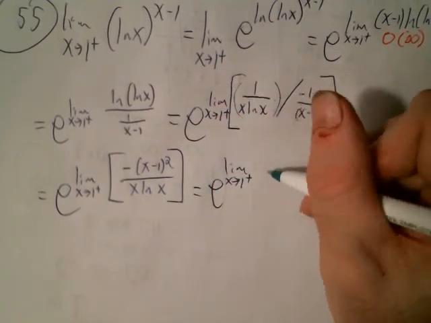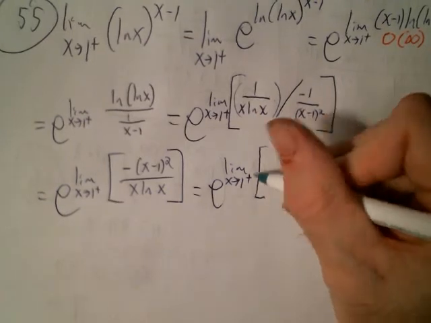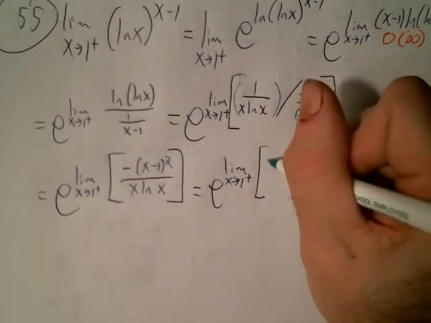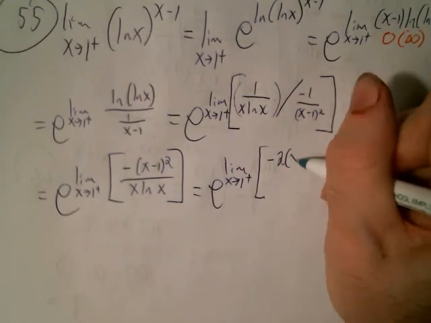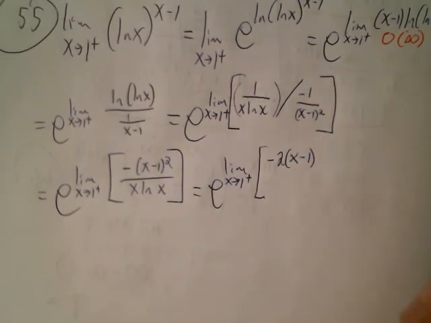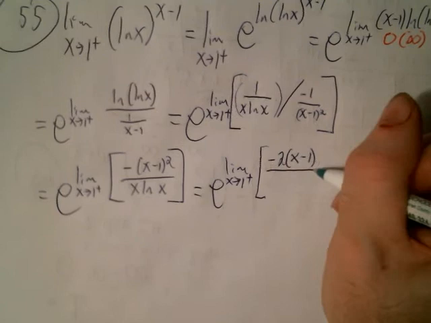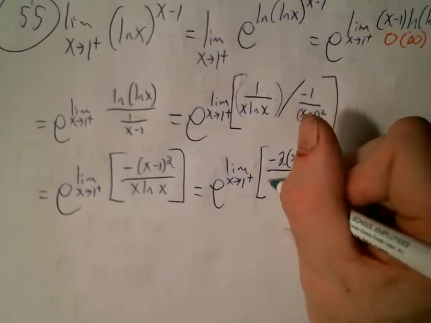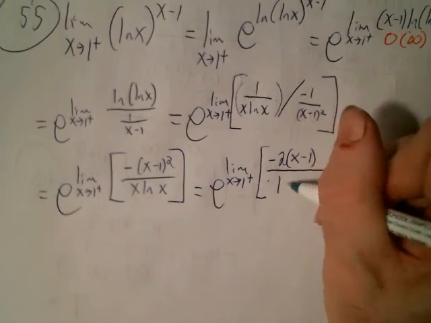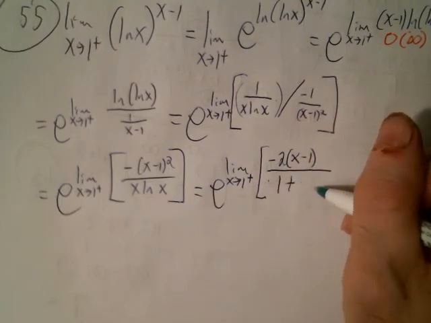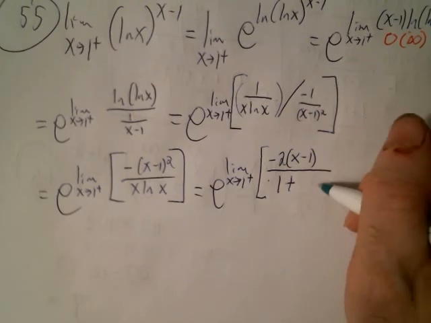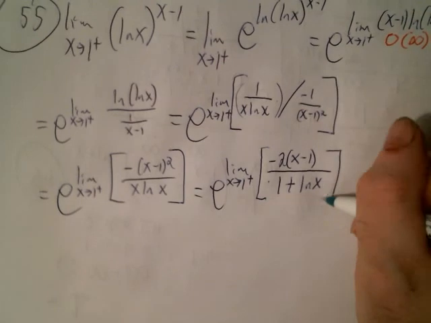Let's do another L'Hopital's. On the numerator, it'll be negative 2 times x minus 1 to the first power. In the denominator, I got to do a product rule. So it'll be x times 1 over x, which is 1, plus leave x alone times ln of x, so you get 1 plus ln of x.